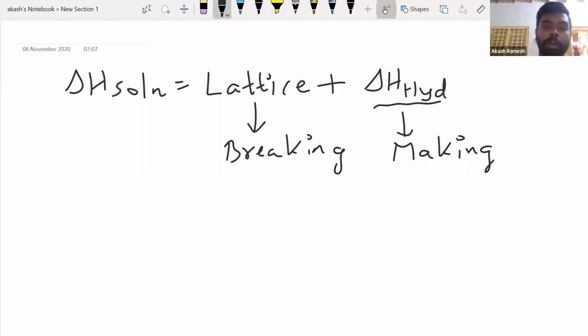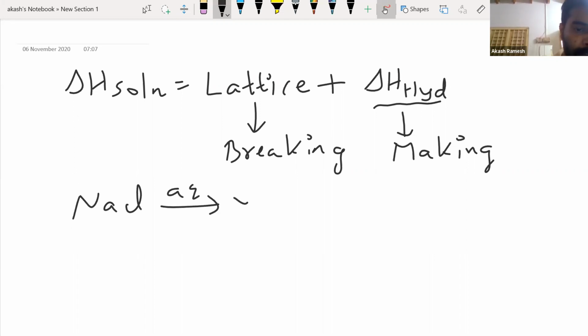And before that we'll talk about what exactly is hydration or solvation. We already talked about hydrogen bonding, and it is very much similar to hydrogen bonding. For example, I have NaCl. When I dissolve NaCl in aqueous solution, I know I'm going to form Na plus and Cl minus.